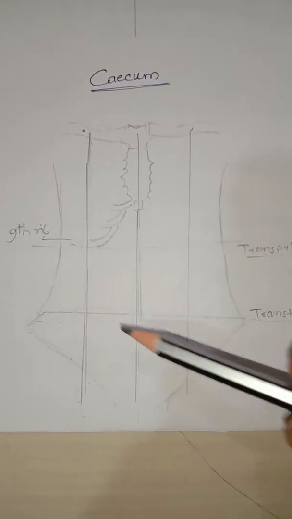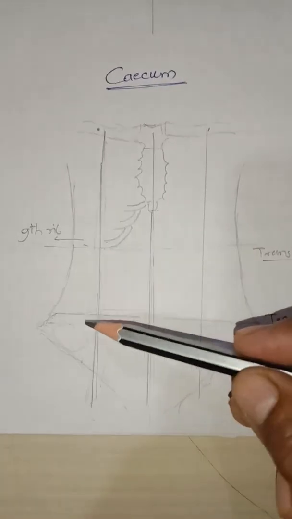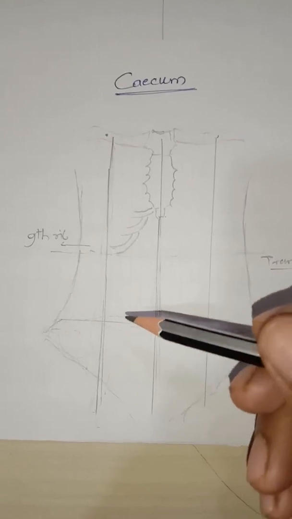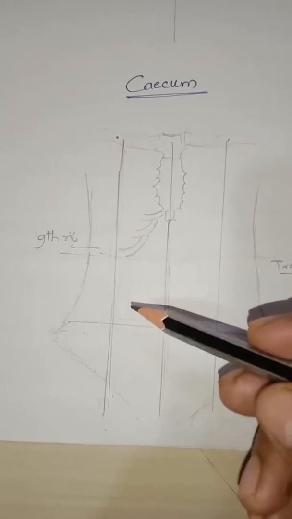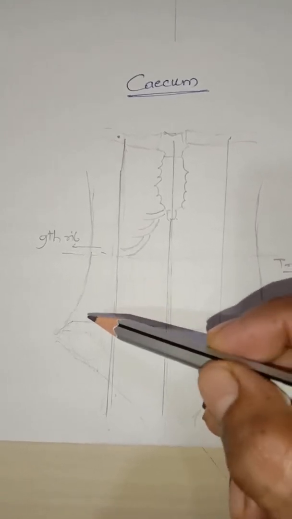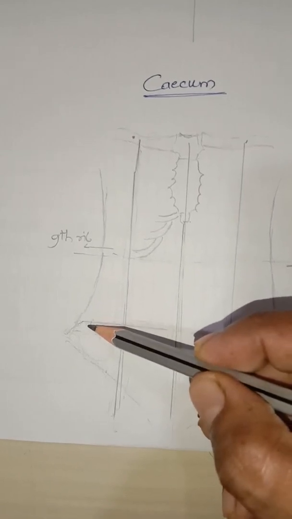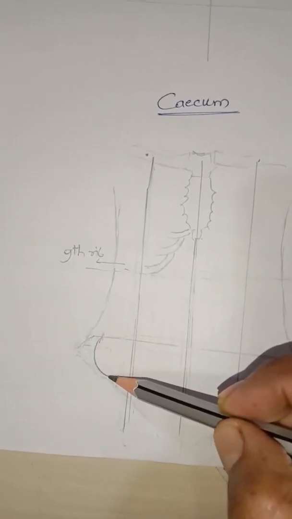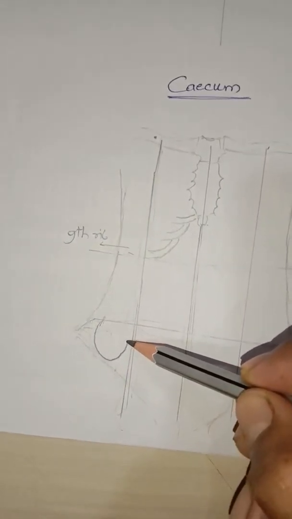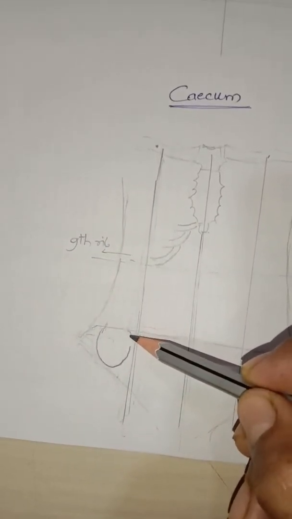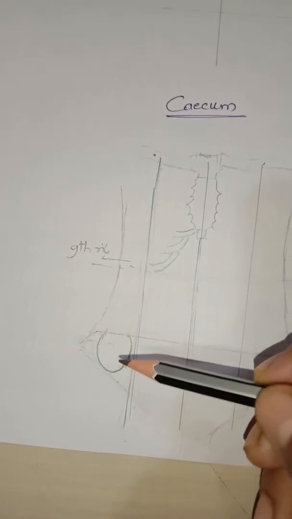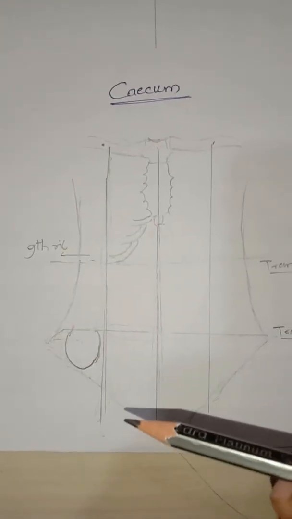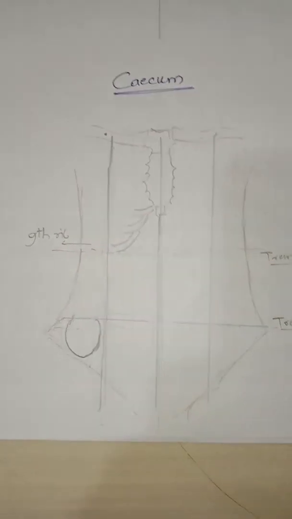Okay, so in the right iliac fossa you should draw the figure of the cecum, 6 centimeter long, in the triangular area. So here you can draw the shape of the cecum, 6 centimeter long, in this way. So that is the cecum, which is the first part of the large intestine.